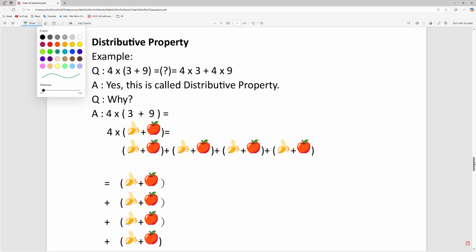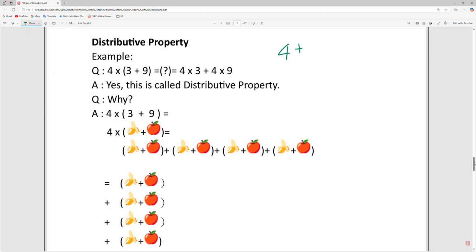If you have 4 plus 3 times 9, can I say it's equal to 4 plus 7 times 4 plus 9? Like this one, distribute means you distribute the number 4 outside the parentheses to inside the parentheses.